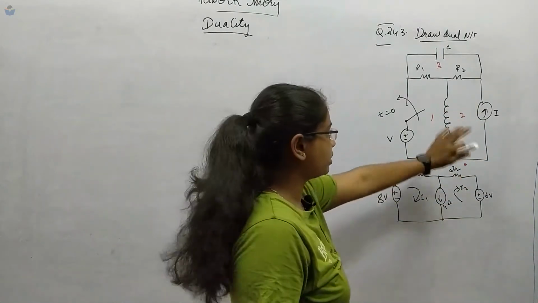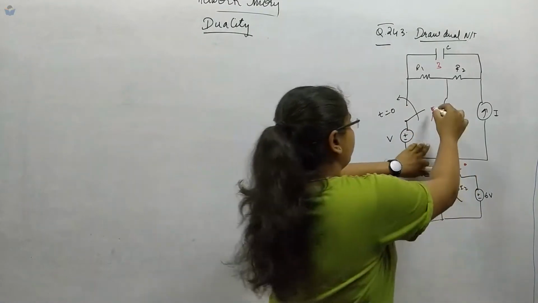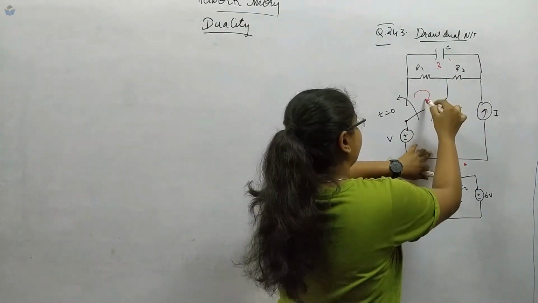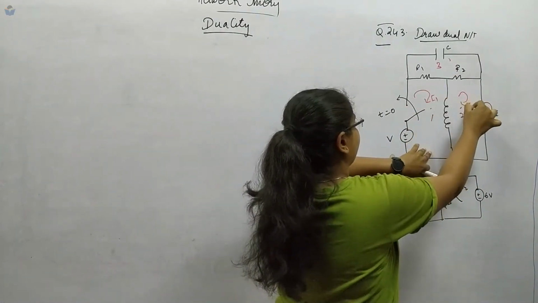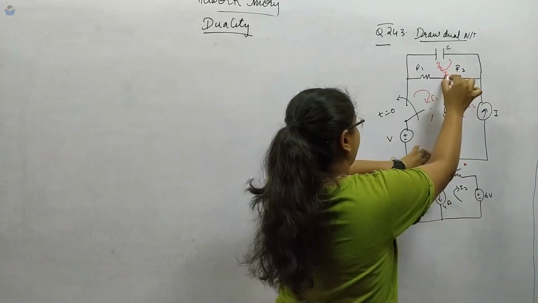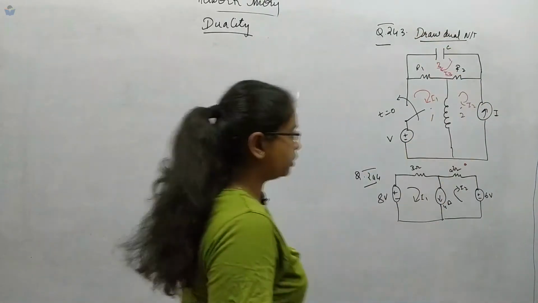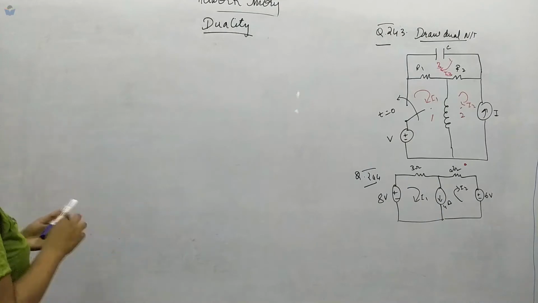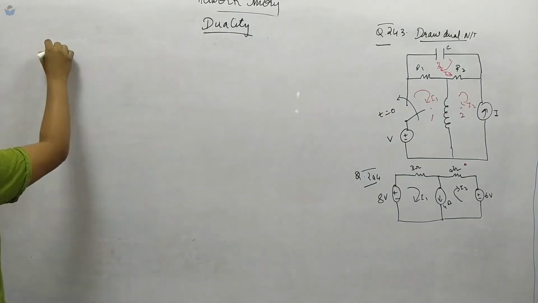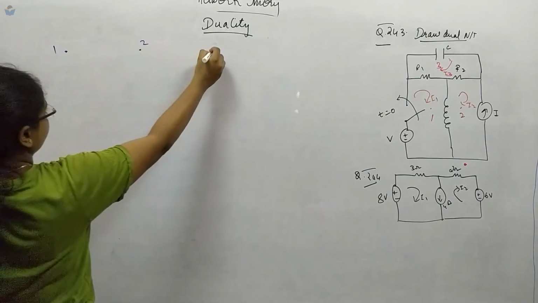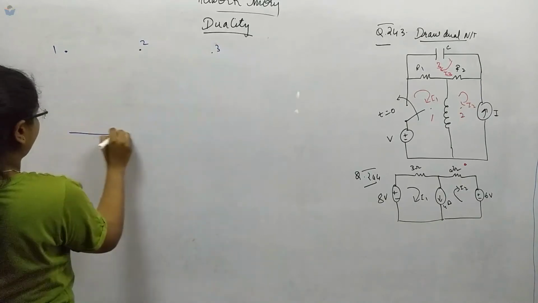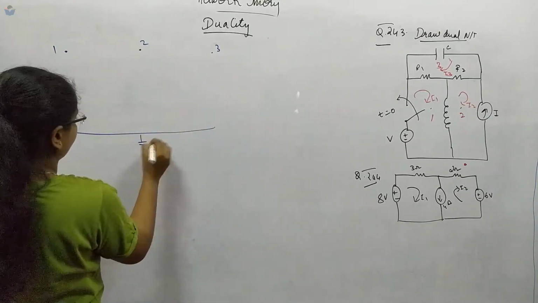We put a dot over here and identify the currents I1, I2 and I3. I will draw over here: first is node 1, 2, 3, and this is the reference node.